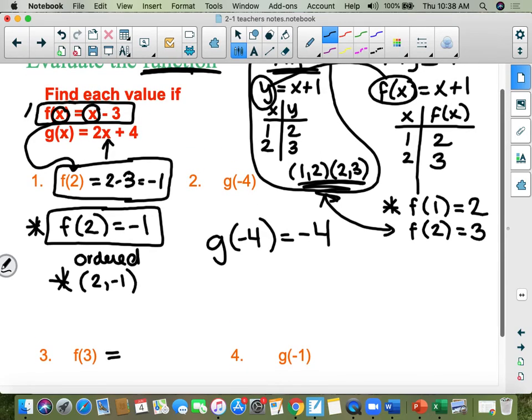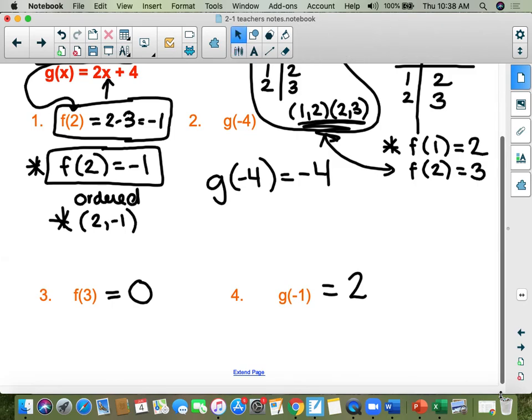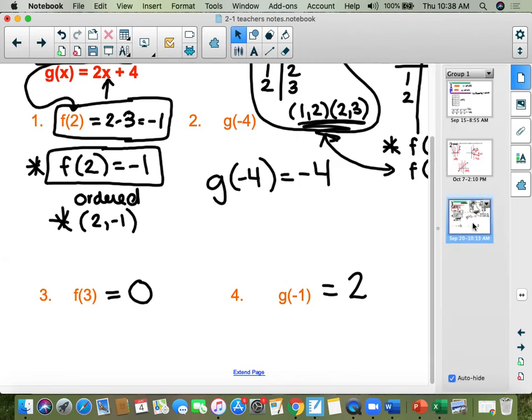You have to go back up into this one, and in place of x, you put a 3. 3 take away 3 is 0. And what is g of a negative 1? It's going to equal a positive 2. And that is all the notes. At least you know what a function is now and how to use functions.